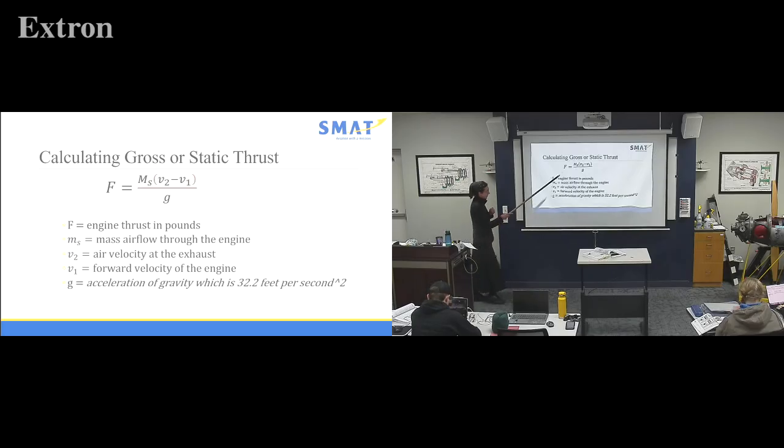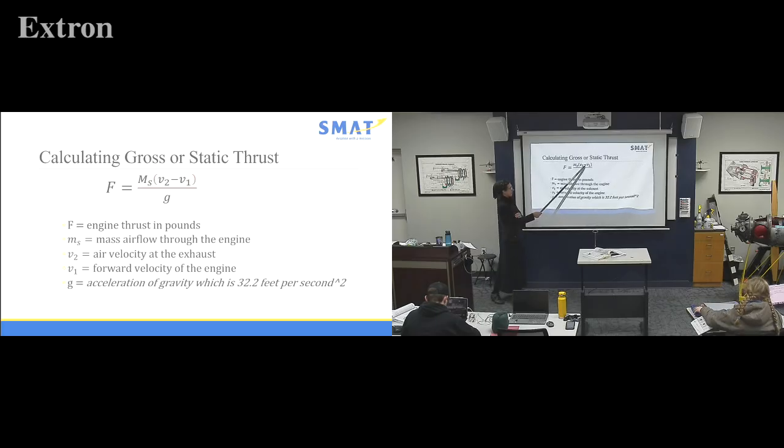But it's to show you that the force or thrust equals mass airflow through the engine, so that's important, air velocity at the exhaust, forward velocity of the engine, and acceleration of gravity, 32.2. So a very curious thing, theoretically: forward velocity of the engine is subtracted from velocity at the exhaust.